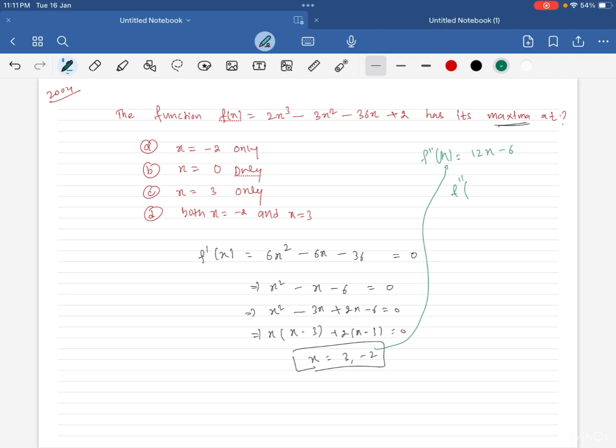Okay, let's do that. So put x equals 3, so f double dash 3 is 36 minus 6, so this is greater than 0. f double dash minus 2 will be minus 24 minus 6, so this is less than 0. So we have the maxima at which f double dash is less than 0, that is minus 2. So this is the answer.